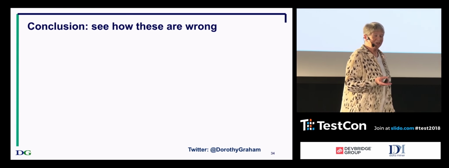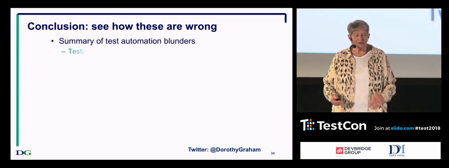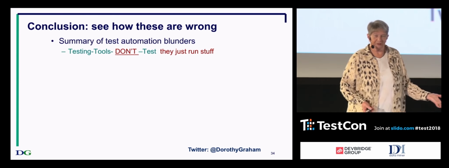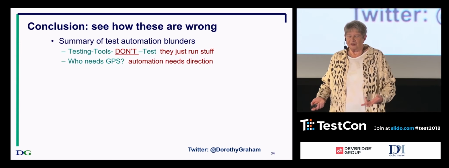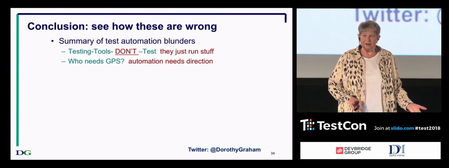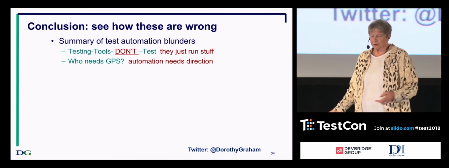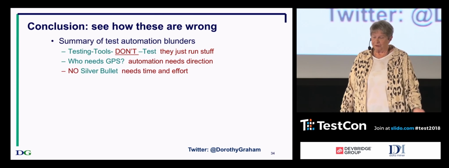Now, summarizing these blunders, we looked at quite a few of them. So first of all, testing tools don't test. They just run stuff. Who needs GPS? Well, automation does need direction. It needs objectives, and it needs objectives that are different to the objectives for testing. There is no silver bullet. It needs time and effort.